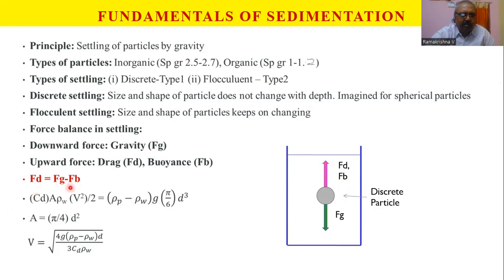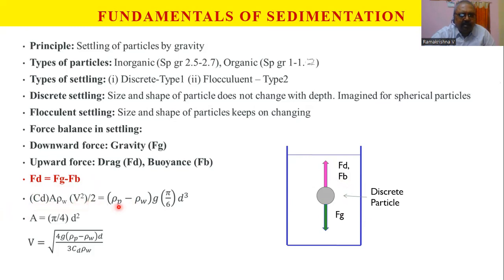So one gravity force acts in the downward direction, and drag and buoyancy act in the upward direction. These are balanced. If you write this equation, drag is equal to Fg minus Fb, and you write the conventional equation for drag force as half CD A rho w V squared, where V is the settling velocity of the particle.